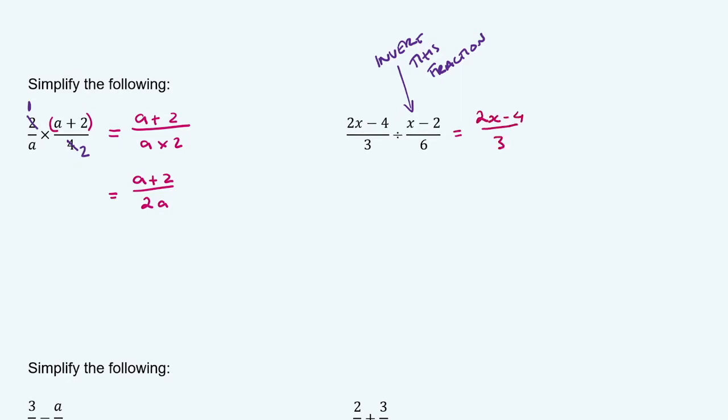We don't want to do anything to that one. The next one, though, we're going to turn upside down. I should take that equal sign out. We don't want an equal sign, we want a times sign, sorry about that. 6 over x minus 2. And then we follow the steps that we did for the multiplication. So we're going to factorize the first one.